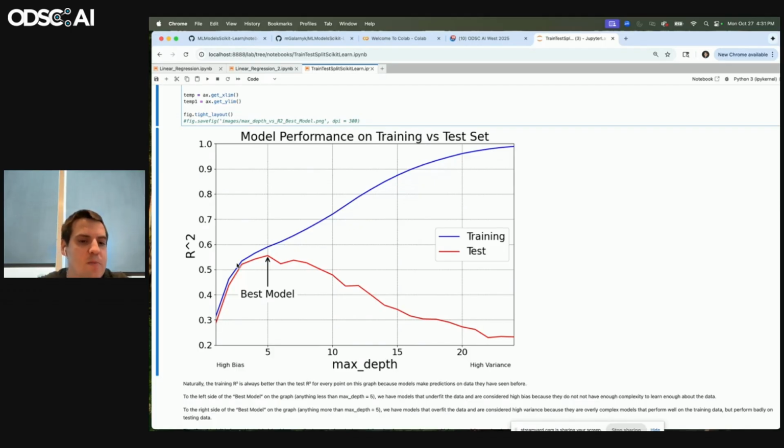When you let max depth be very high, you can have a very complicated model, and it can essentially memorize a training set, which is what's happening over here. You have a model that goes from, let's say, 0.3 something at a max depth of 2, to when you allow the model to grow really, really complicated, it does really well on the training set, but not on data it hasn't seen before.